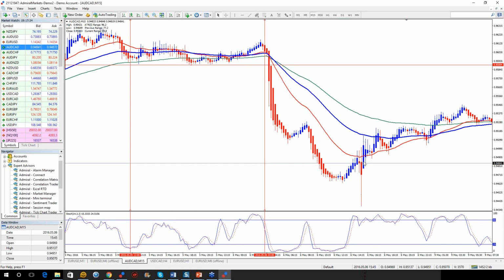Now, of course, as with any other system or price action or general trading, you need to have discipline. And that discipline is actually respecting the rules of when and which pair to trade. Obviously, USD/CAD is tradable during the US session.